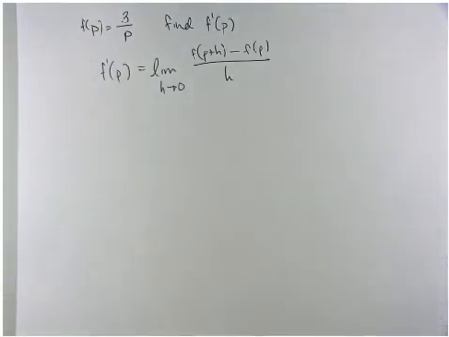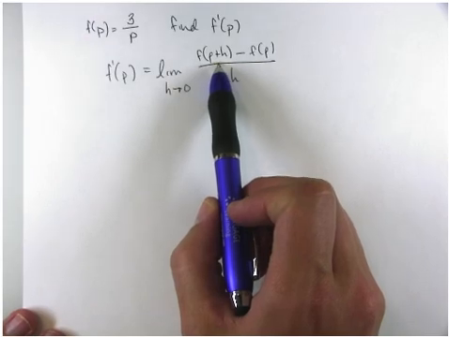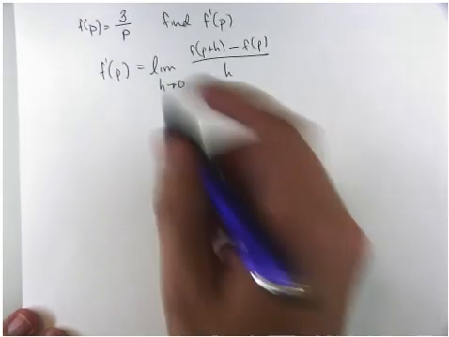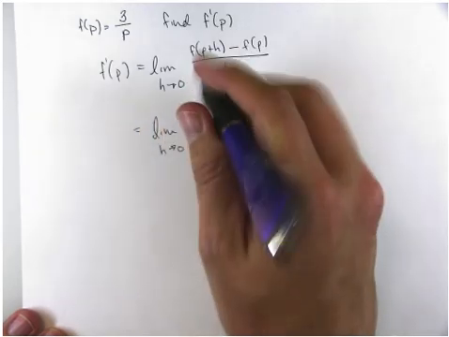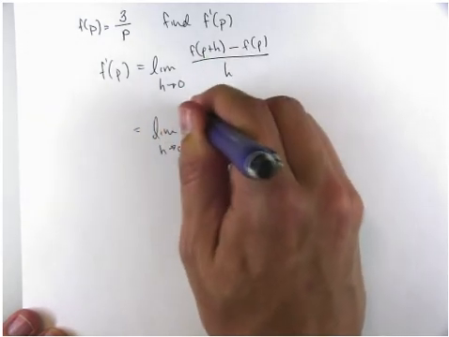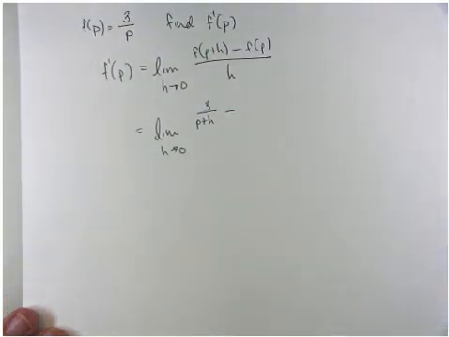And so I just have to figure out what to plug into the holes here so that I can evaluate this limit. Okay. So f of p plus h is me plugging in a p plus h everywhere where there used to be a p. So this is the limit as h approaches 0 of 3 over p plus h.